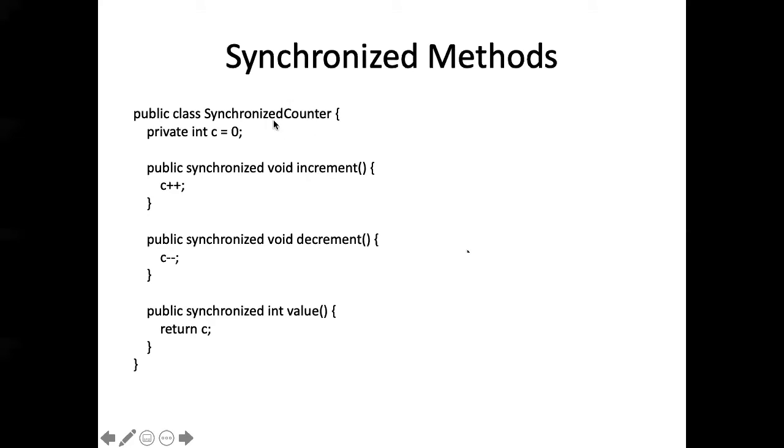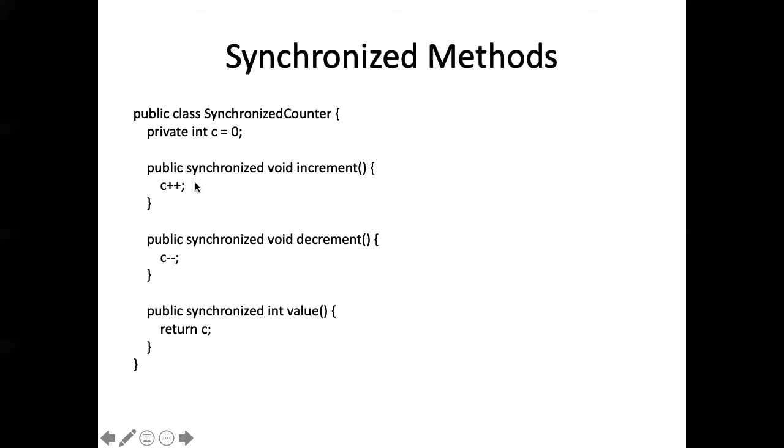Does this method essentially make whatever happens in the method atomic? Yes. It makes whatever happens in the method atomic, because nothing else can access the method until this method has finished executing.